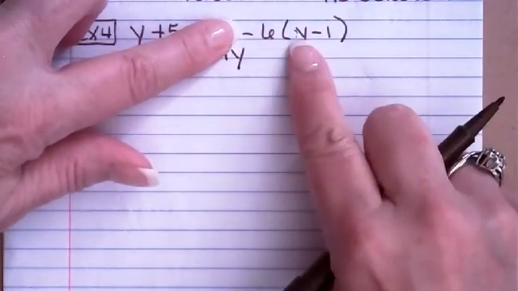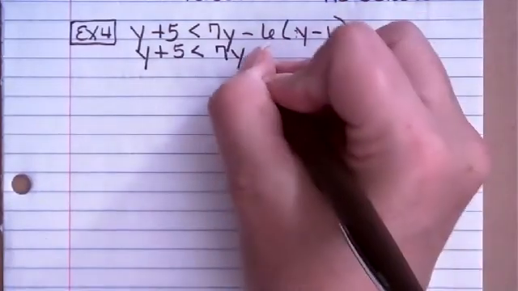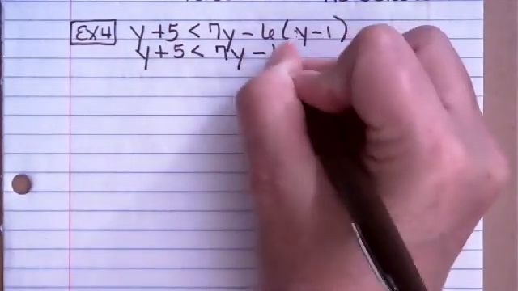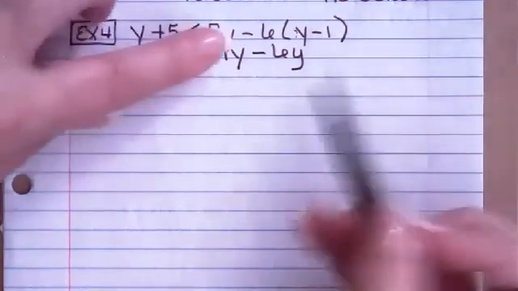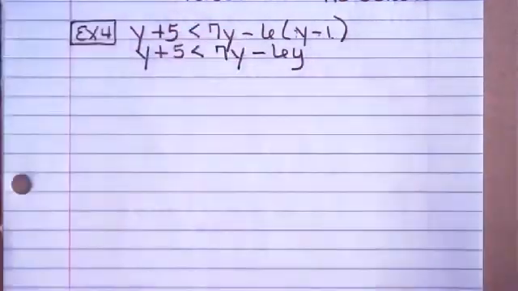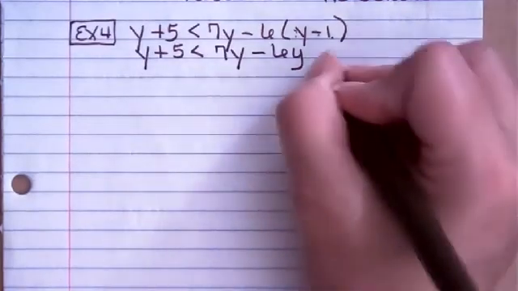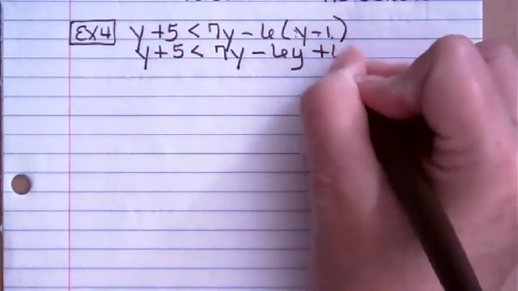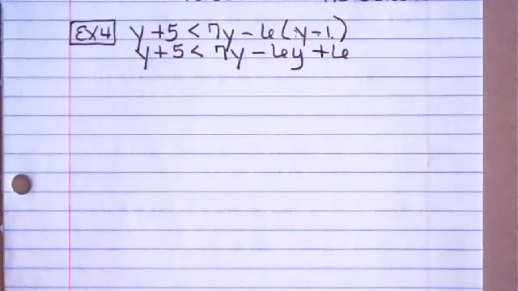So negative 6 times y is negative 6y, so I'm going to write minus 6y. But be careful right here. Negative 6 times negative 1 is positive 6, so that's going to be plus 6 right there. Now, the next step we know would be to combine our like terms.